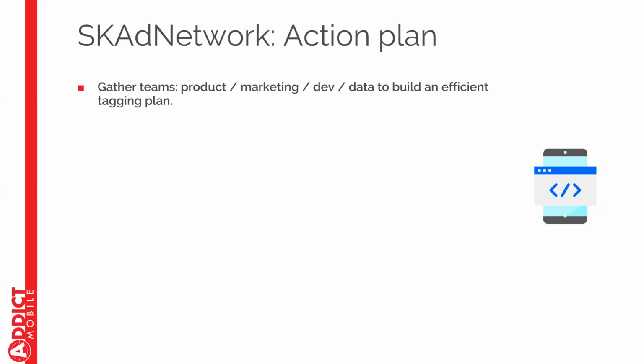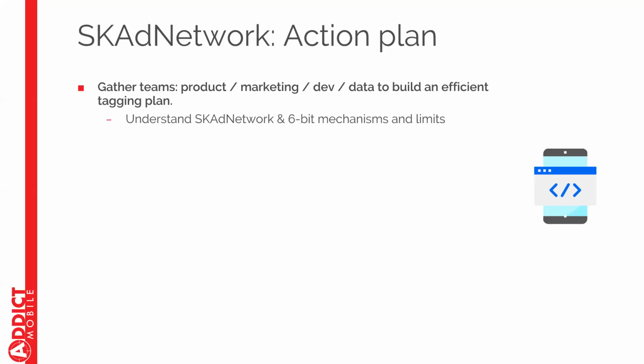Usually what we see is that the SKAdNetwork 6-bit conversion value is a technical part that's well understood by developers, but they don't really understand how it's going to affect the marketing teams. And the other way around, marketing teams are worried about the data and how they would receive it, but they don't really understand why they should focus on SKAdNetwork and the 6-bit conversion value. So the idea is to bring everyone together and build the best setup possible.